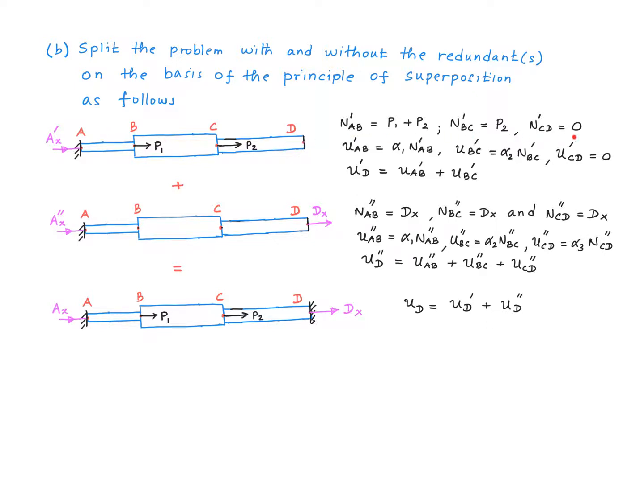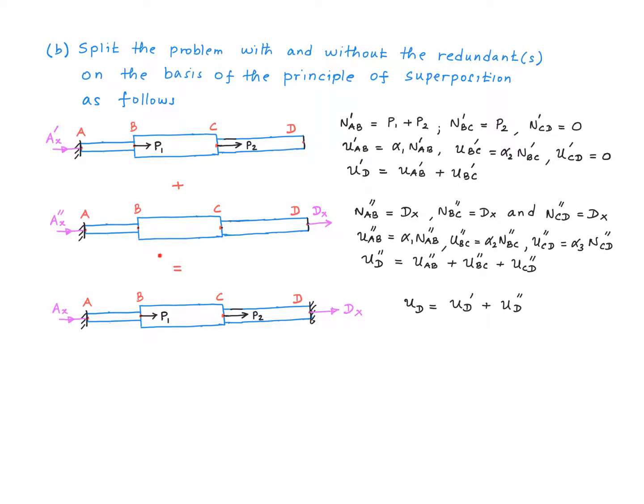If you do, this is what you get for the internal forces, and then the deformations would be these, and the displacement of point D would be this, right? So I'm putting a prime over this quantity because these are not the actual forces or displacements of the real problem, right? These quantities go with this particular problem.